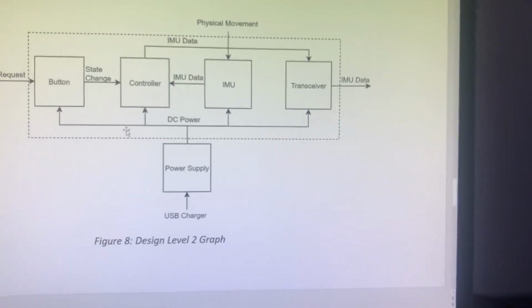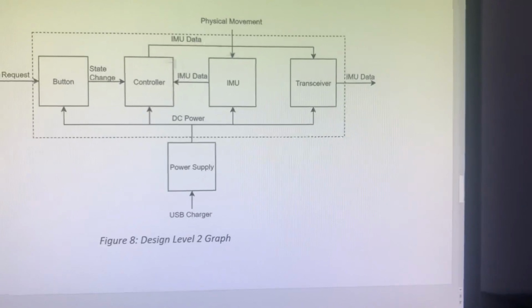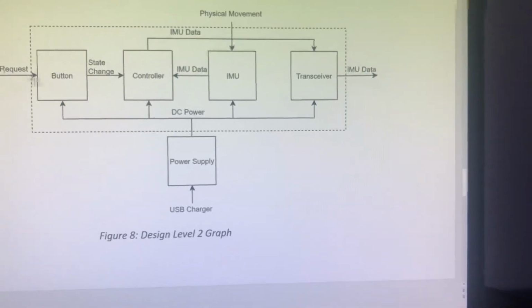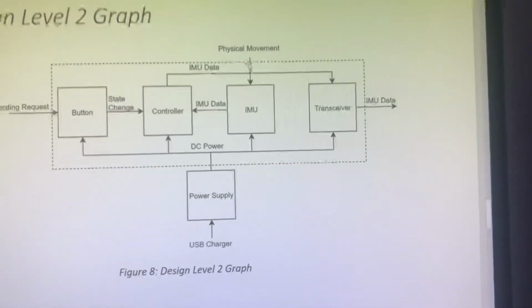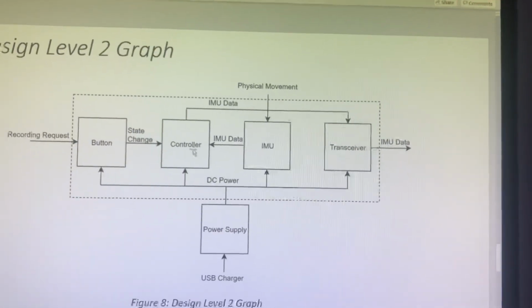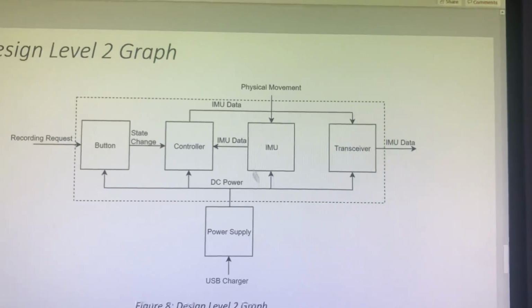This one is a closed loop system. As you see here, we need to go back and forth. It's not a linear system where you just plug in and that's it, because the IMU will first see your movement, then record, and give the controller enough data about that.